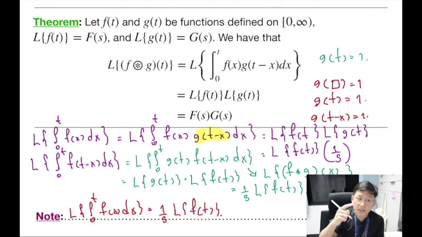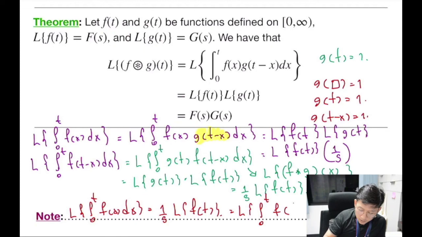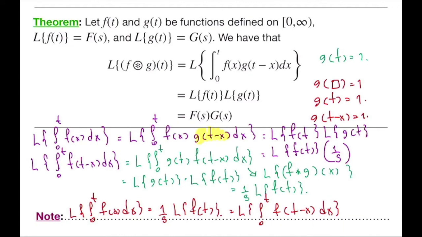So this formula, the Laplace transform of the integral from 0 to t of f(x) dx is 1 over s times the Laplace transform of f(t), and it is also the same as the Laplace transform of the integral from 0 to t of f(t minus x) dx.